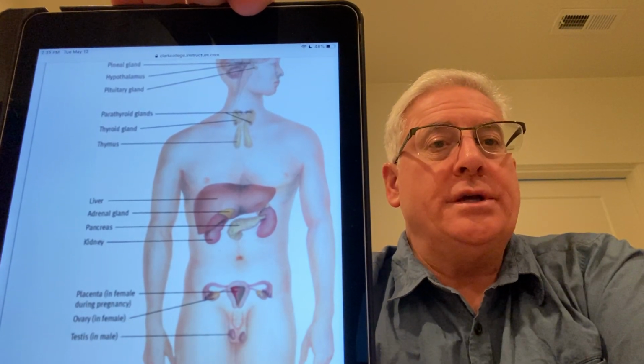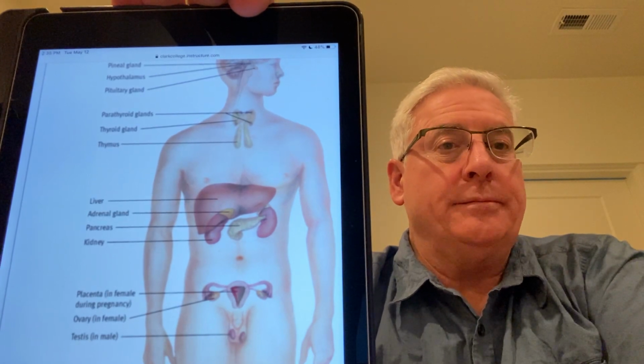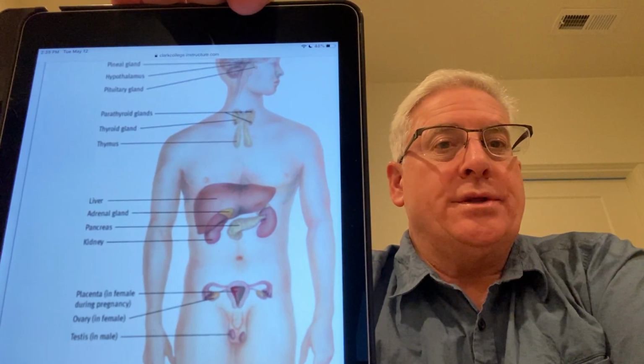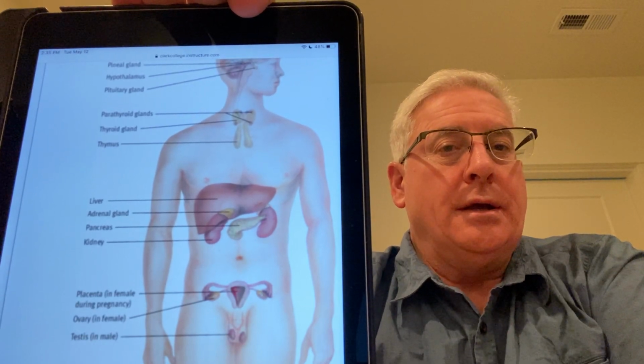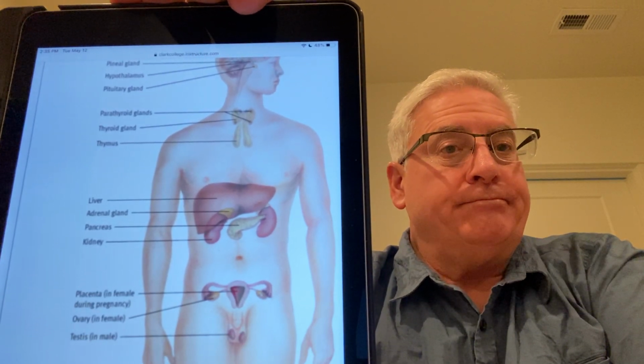And progesterone is the chemical that keeps a woman pregnant. So as the progesterone continues to be produced throughout the course of the pregnancy, then the woman remains pregnant.